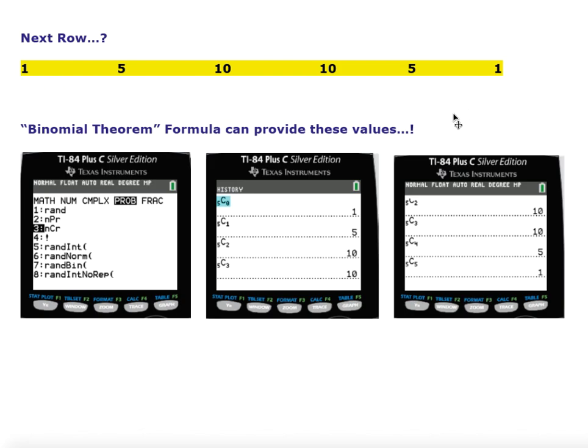So you have in your GDCs under math, and if you scroll across to the probability sub-feature, you've got this number of ways of combining r elements out of n, which is what that stands for. So you can start to generate the number of ways to combine 0, 1, 2, 3, 4, and 5 out of 5 as a total.